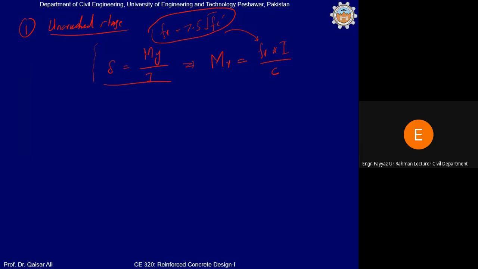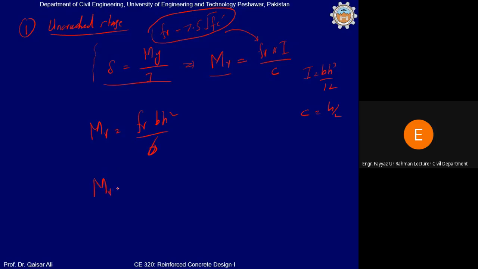So from this you can calculate the moment capacity, the flexure capacity of the beam at this stage. It is very simple. I is equal to BH cubed divided by 12 and C is equal to H by 2. Putting all these values in this equation, you will get MR is equal to FR into BH squared divided by 6.